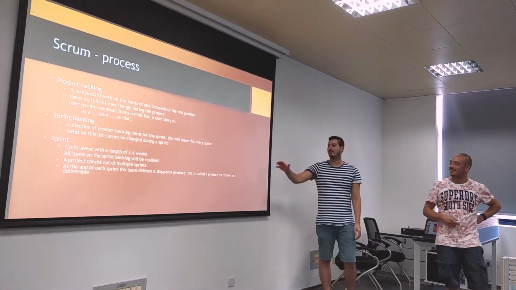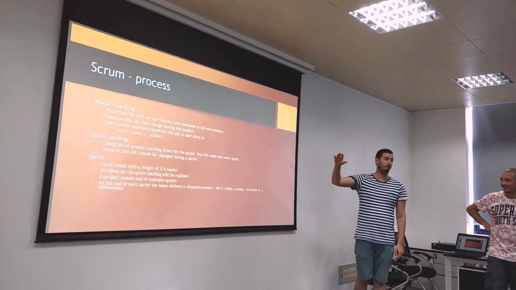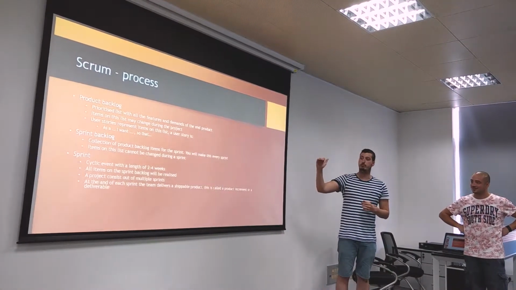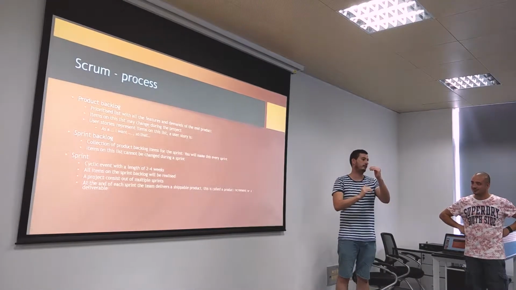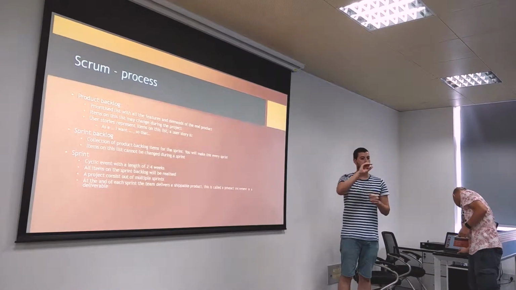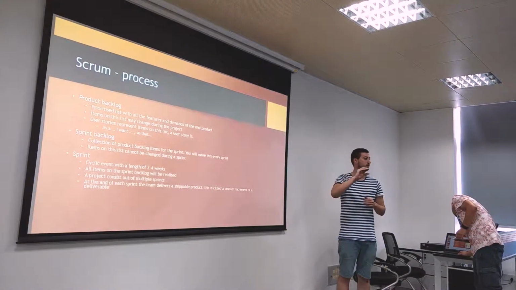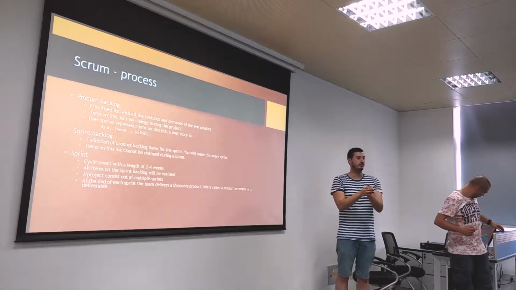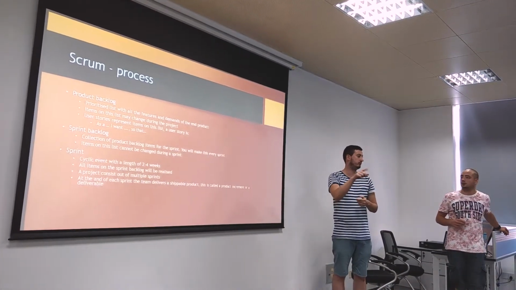What the client does is give his requirements of what he wants as a product. He puts it all in the product backlog, just a big list with everything he wants in the product. For each sprint, you take the most important things from the product backlog, just a few of them, and you make them in one sprint, in one iteration.